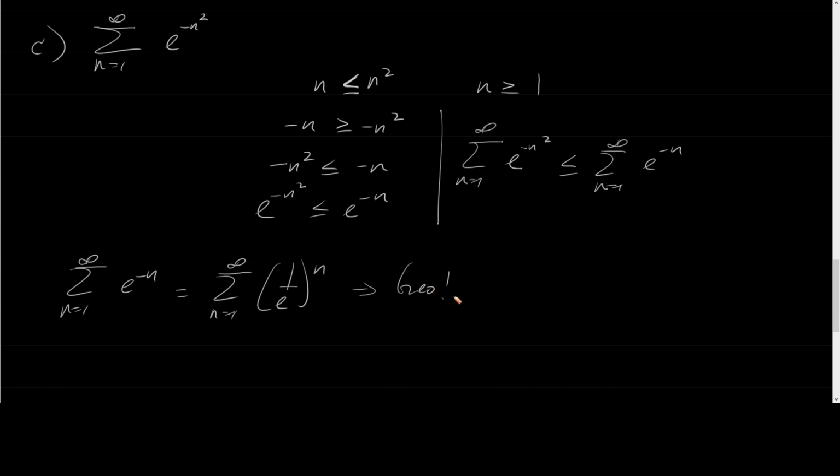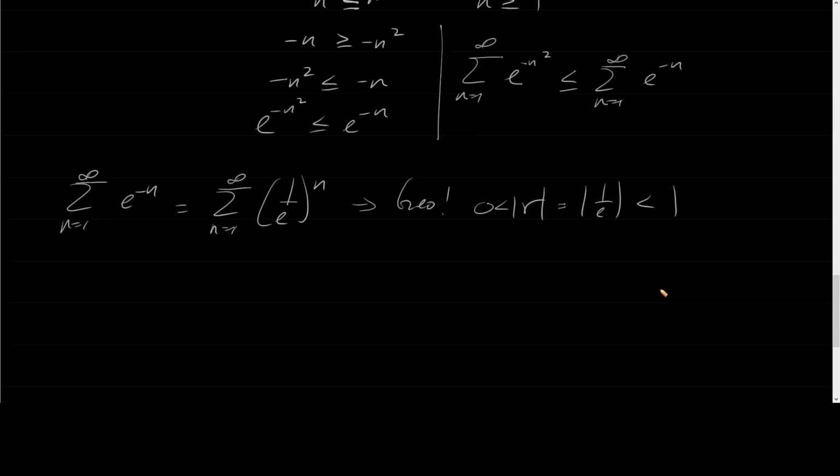And we know here that the common ratio that we care about, that r in this case, would be the absolute value of 1 over e, and that's definitely less than 1. And it's bigger than 0. e is 2.718, so 1 divided by 2.718 is definitely less than 1.